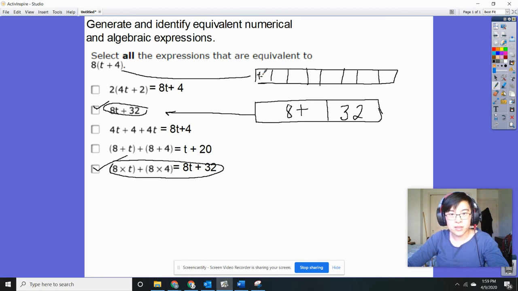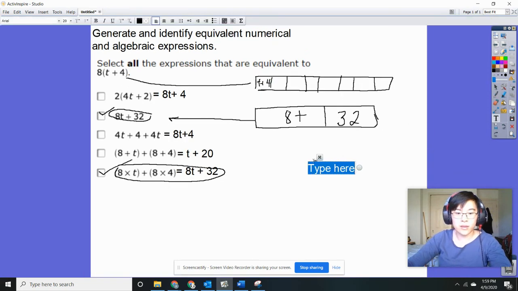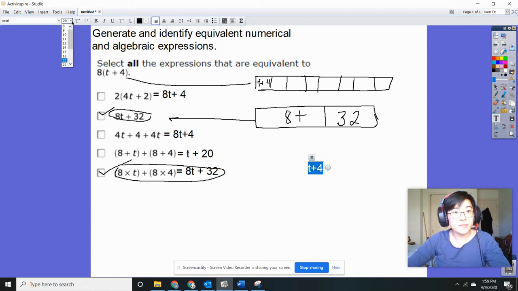I'm going to type it: t plus 4. I'm going to make this really tiny so I can put it in my box. Okay, cool. Yeah, it fits.